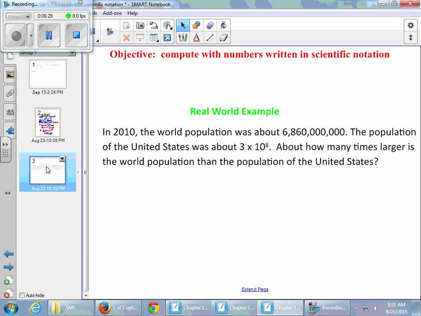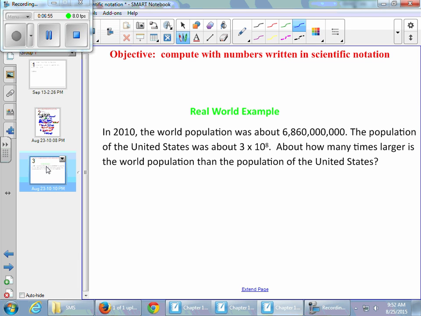In 2010, the world population was about 6,860,000,000. Population in the United States was about 3 times 10 to the 8th. But how many times larger is the world population than the population of the United States? So we're going to estimate.